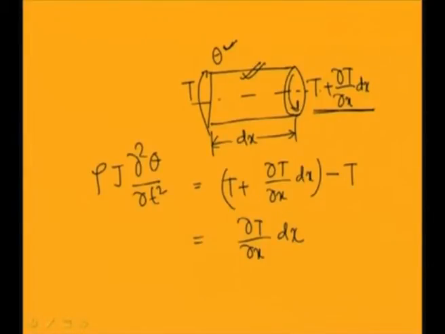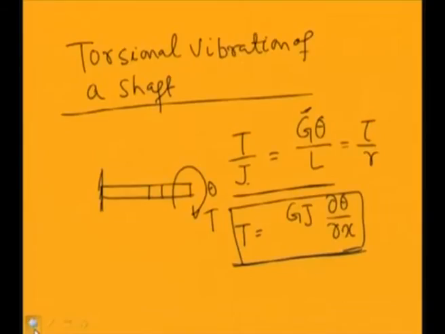Here I have taken an elemental length of dx, so rho j into dx, where rho j is the moment of inertia per unit length. When I multiply these, this is the mass moment of inertia for this small elemental length, and it is multiplied by ∂²θ/∂t². This gives the total inertia torque.